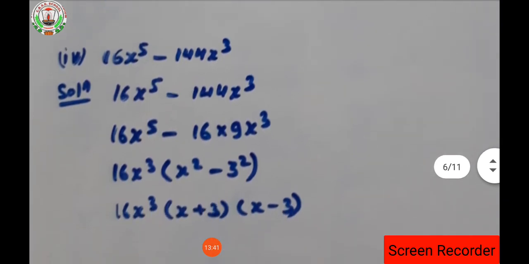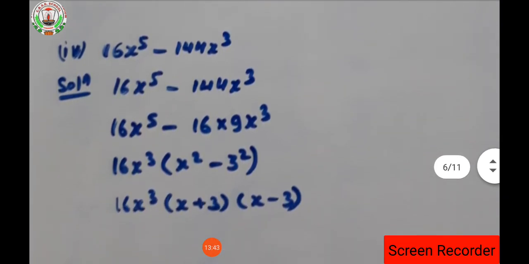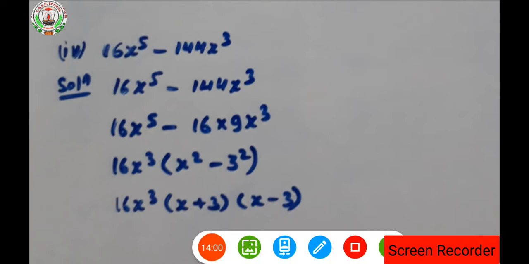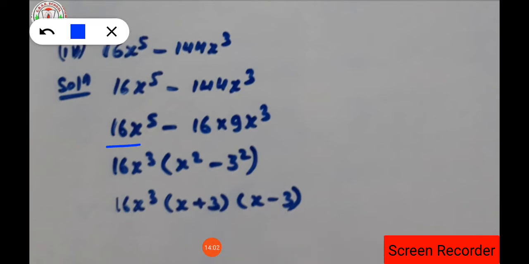Similarly for the fourth, 16x to the power 5 minus 144x cube. Now we can take something as common. 16x to the power 5 is there, and 144x cube can be written as 16 into 9x to the power 3.